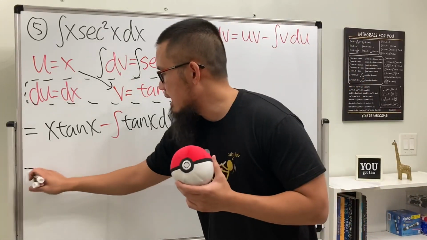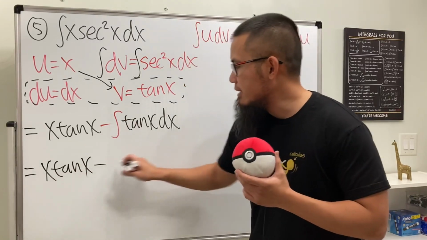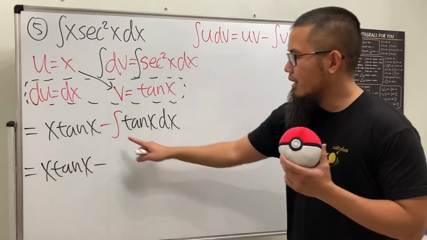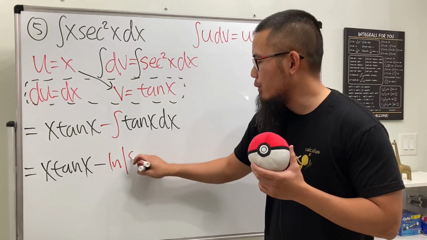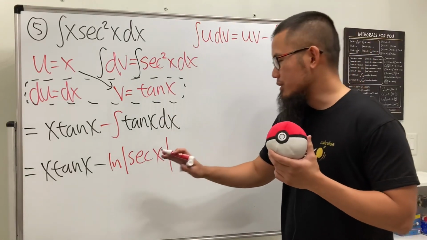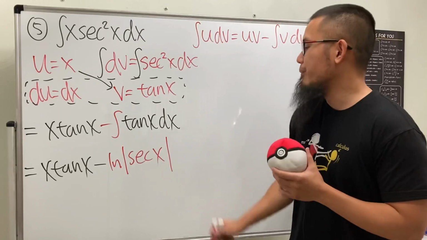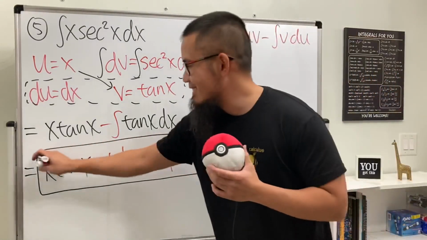So I will just write this down again, x times tangent x, and then we have the minus. And ladies and gentlemen, the integral of tangent x is just ln absolute value of secant x. You can just write that down and you can use this as a standard result. That's all. And we're all done. So of course, put down the plus c, and this is it.